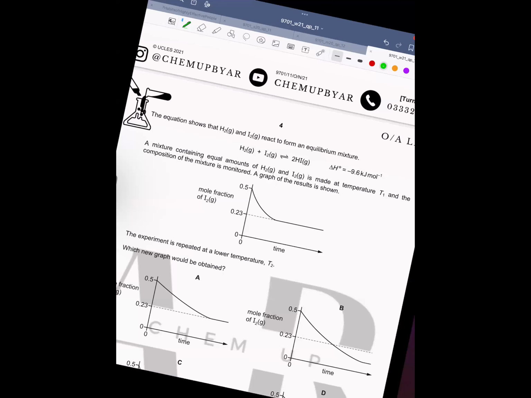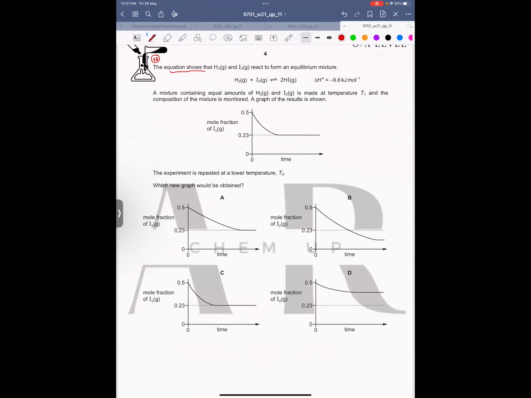Initially the mole fraction of iodine is 0.5, and the mole fraction decreases to 0.3, so the change would be 0.27.